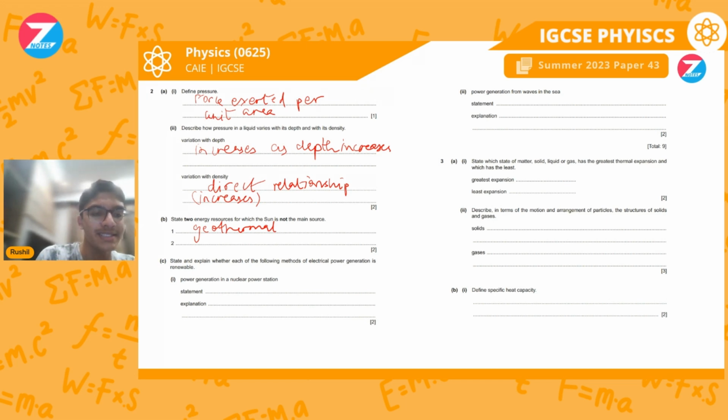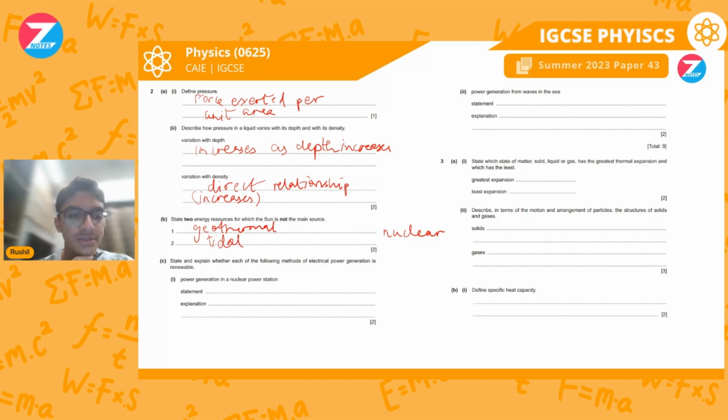The other one is tidal. Now, tidal has the sun as a source, but it's not the main source because you need both the sun and the moon to use their gravitational pull to create the tides. Another one you have as a bonus is nuclear, since that's using nuclear fuel, which is made of elements present on the Earth.